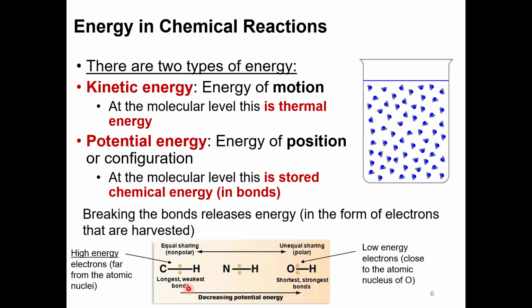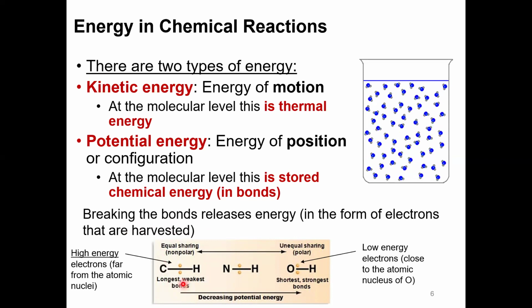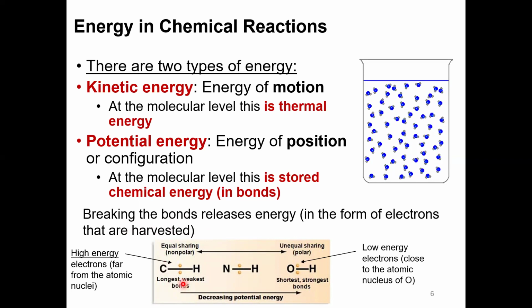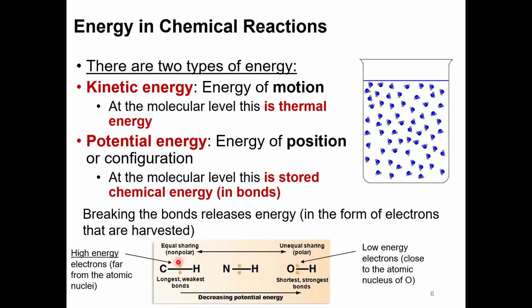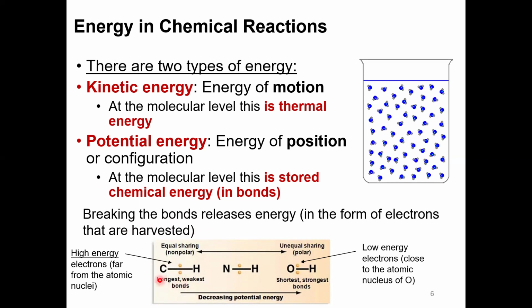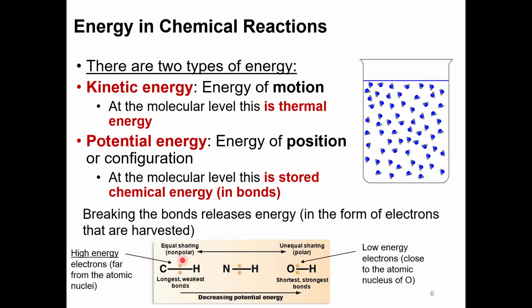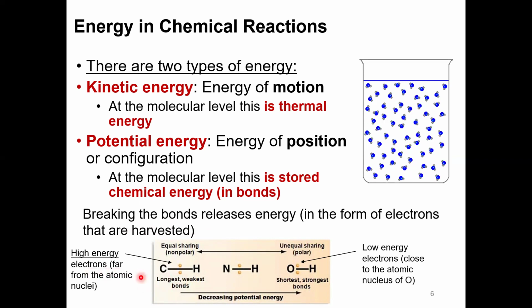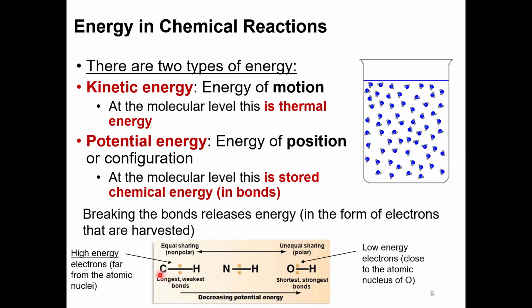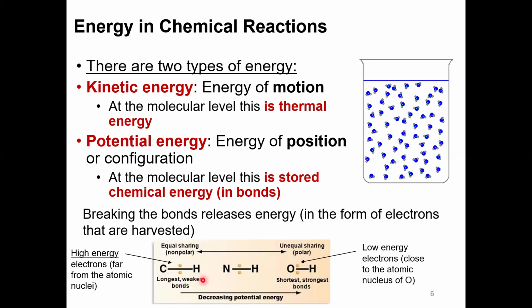So basically, you have the highest potential energy in nonpolar, equal sharing covalent bonds, like C and H, where the electrons are farther away from the nuclei of the atoms.